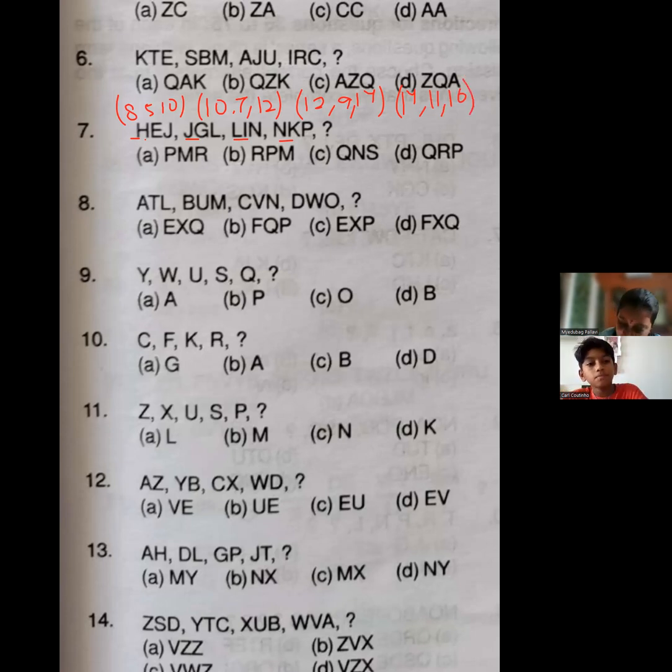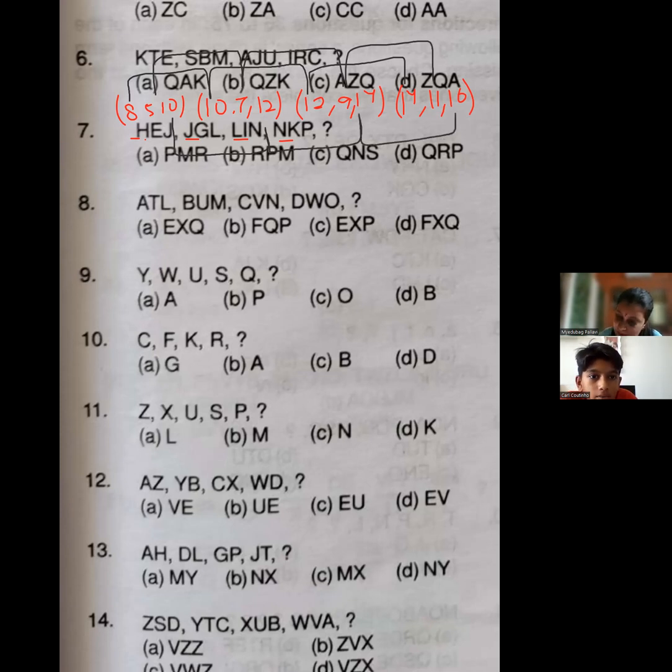Is it increasing by one or two? Two, right? So this series, the first one, is going 8 plus 2, 10, then 10 plus 2, 12, and then 12 plus 2, 14. Similarly, the second one also, 5 plus 2, 7, 7 plus 2, 9, and 9 plus 2, 11. And same with the third one, 10 plus 2 is 12, then 14, and then 16. So plus 2 is being done here.